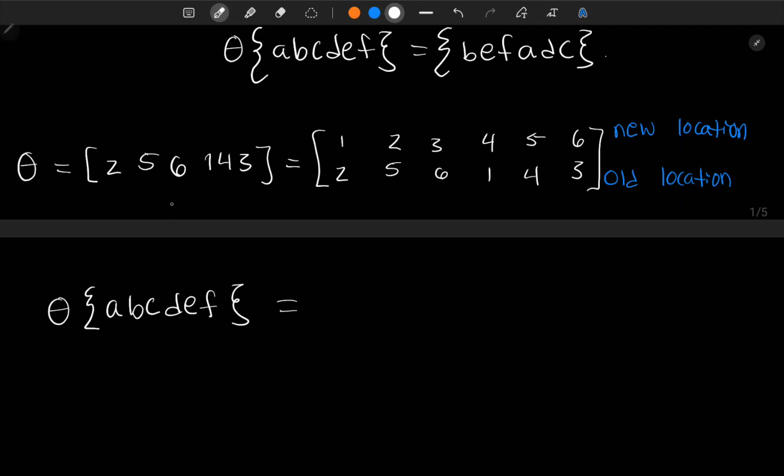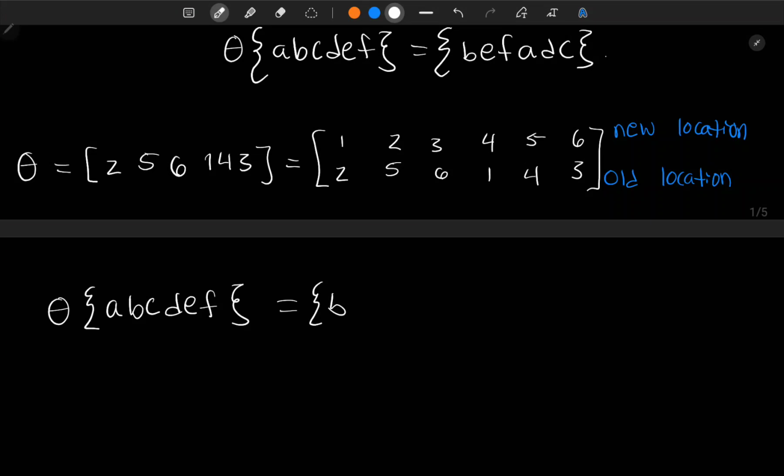So what is at the old location in A, B, C, D, E, F? It's B. So B is 2 here, and it's what the first element here acts on. And the new location is 1 because 2 is in the first position. So we say that the second element maps to the first element. So we say that B goes to the first position.